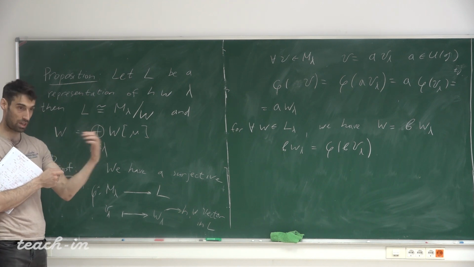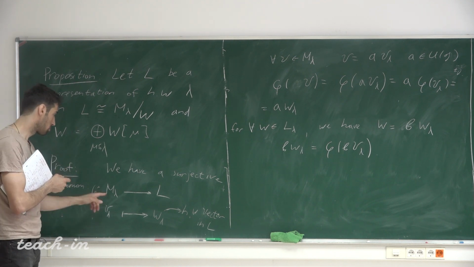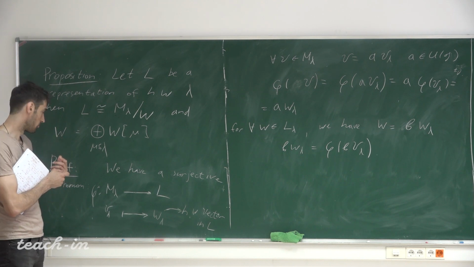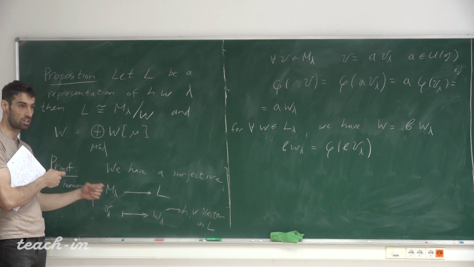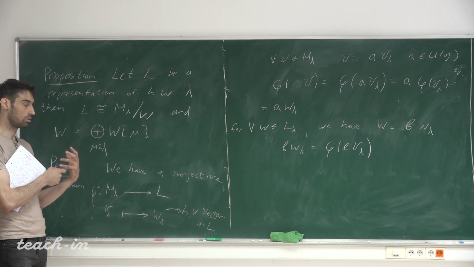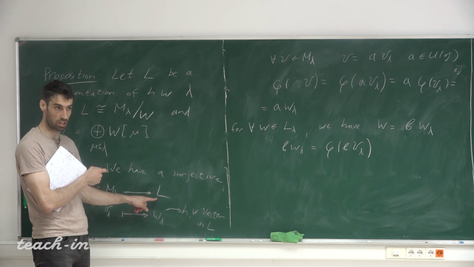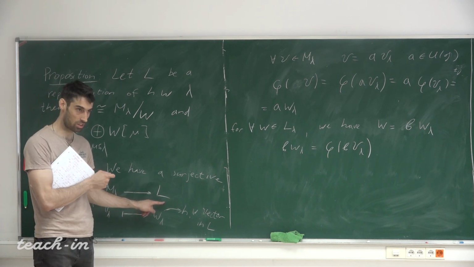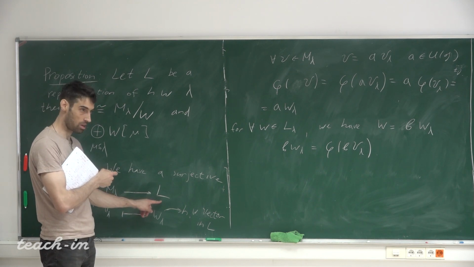You have corresponding bases there. So if I have some relation in M lambda, it is actually a relation in the universal enveloping algebra of g, which should also hold here because L is a representation of U(g). So phi respects relations. So therefore, it's a well-defined map.